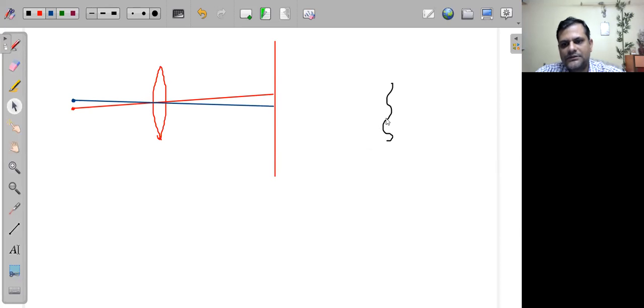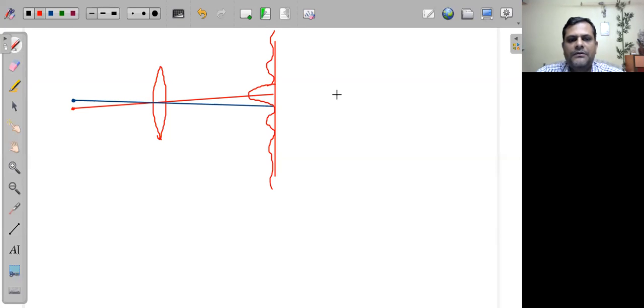Just forget about this. So now we can see that on the same screen we are going to get two diffraction patterns, formed due to the two different point objects here. The diffraction pattern of the red colored object will be like this, with its central maxima here.